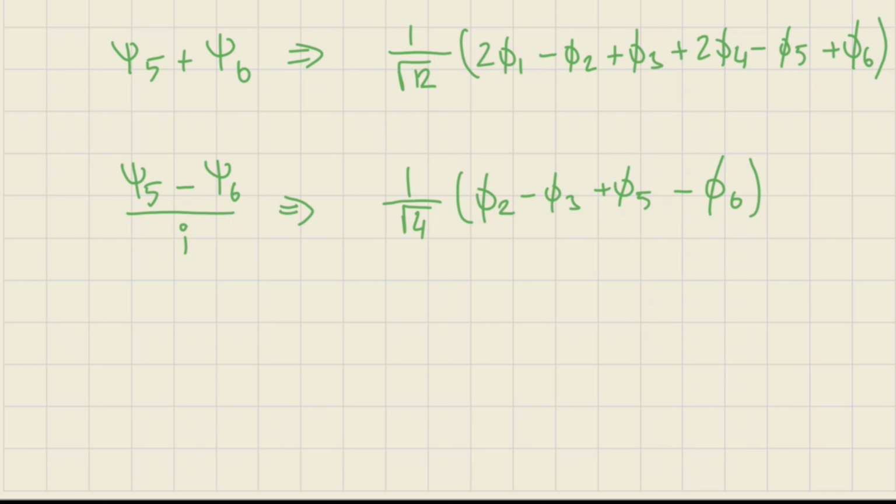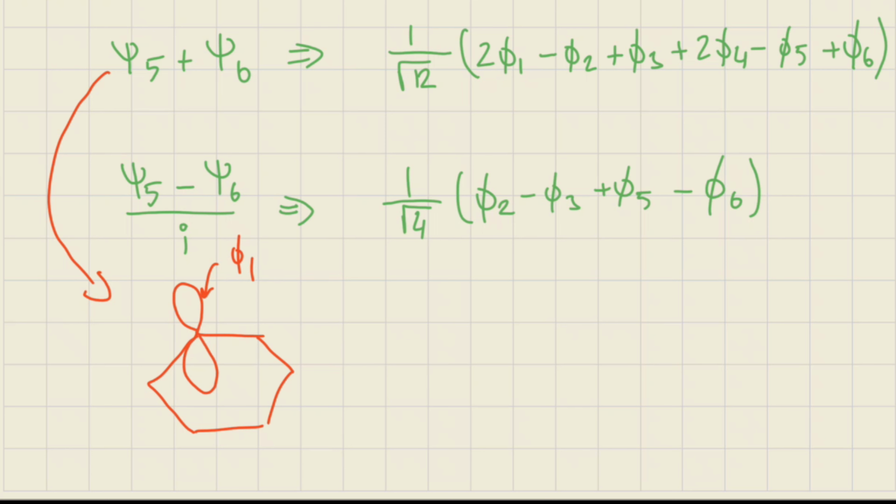And I can draw their MO. So this was phi 1. So phi 1 is very big for this one. And positive 1, I will just color the bottom. Phi 2 is opposite direction and smaller due to the small coefficient here.